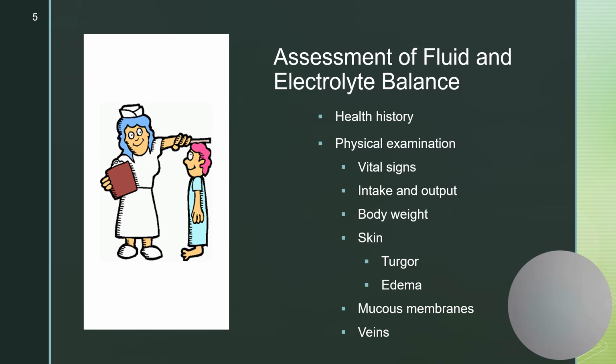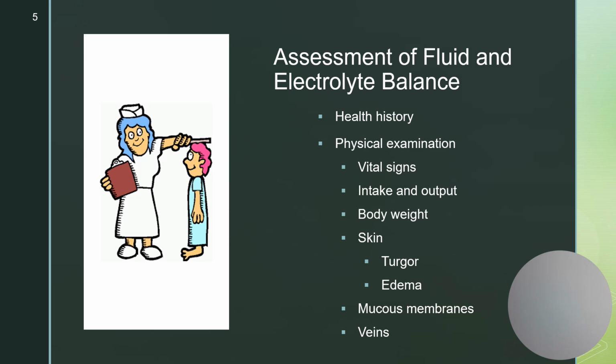Body weight can indicate fluid loss or fluid retention. We know that 1 liter of fluid weighs 2.2 pounds. To obtain accurate comparable body weights, we have to weigh our client at the same time every day, wearing the same type of clothing, on the same scale, preferably before eating or drinking.